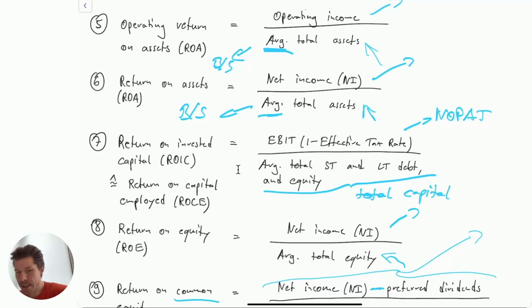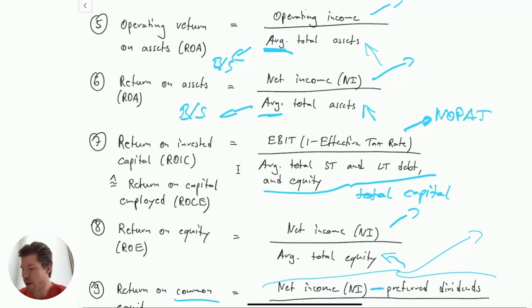When we say capital in finance, we don't mean cash, it's something different. Capital means equity plus debt. It's your total capital that was invested. That's why we call it return on invested capital. Our debt providers and our shareholders have provided capital, and how much net operating profit after tax have we generated?